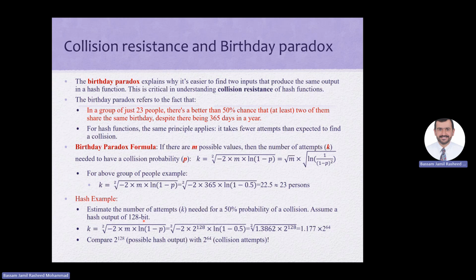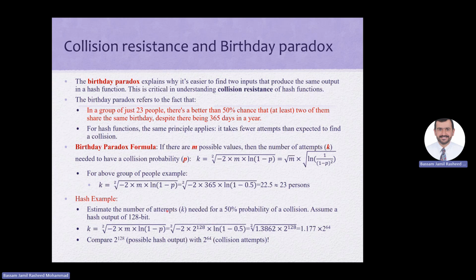So if we have a 128-bit hash output, the number of possible values is 2 to the 128. And we're looking for a collision with a probability of 50%. We know from this simplification that this whole thing will simplify to 1.1. We take the square root of 2 to the 128, and we get 2 to the 64.